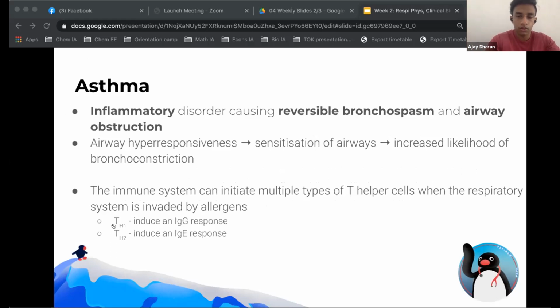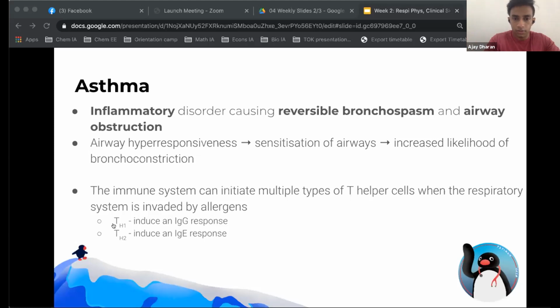Now moving on. Now we're going to focus a bit more on asthma here. So asthma is actually an allergic disease. It's an inflammatory disorder that causes reversible bronchospasm and airway obstruction. What's basically happening is that you've got hyperresponsiveness of your airways, and this is related to your immune system. I'm sure you've learned this in year one, and you'll probably touch on this in year two as well. Your immune system has T helper cells, and T helper cells can induce two different kinds of responses.